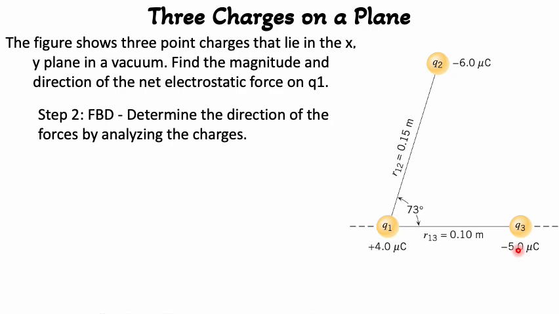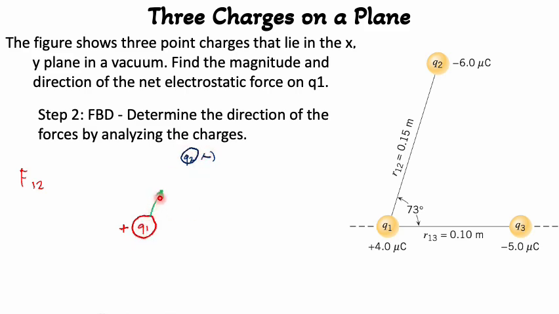Again, let's try to separate the different forces. Let's analyze them and treat them separately. Let's begin with the force on 1 and 2. Here is a simple illustration. Q1 is positive, Q2 is negative.